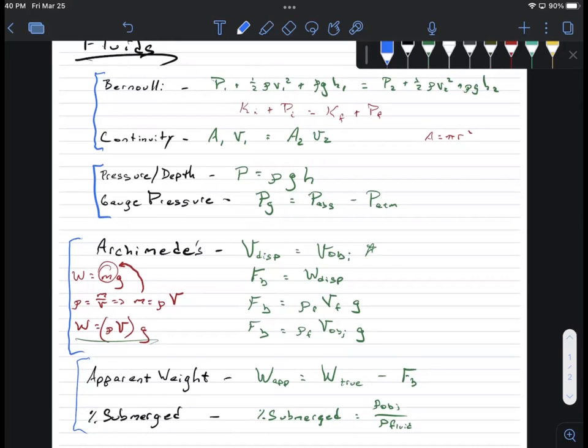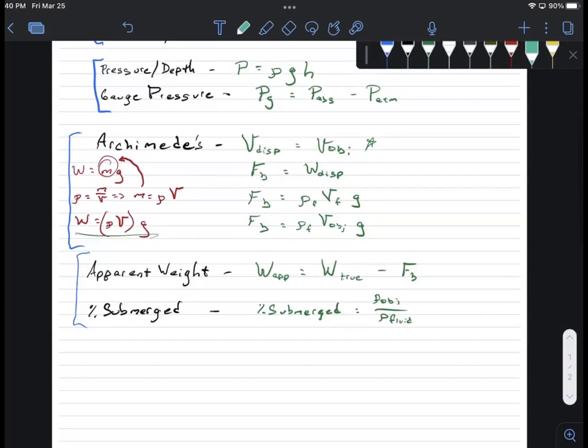Little things you may want to know, which will be on the test, but just for information. The density of water is 1,000 kilograms per cubic meter. And I think atmospheric pressure is something like 1.01 times 10 to the 5th pascals.